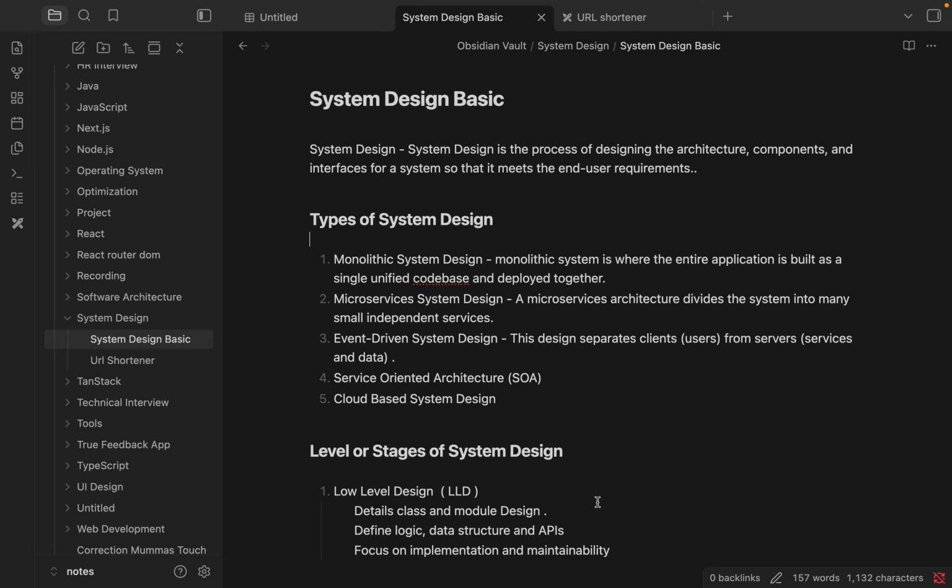In microservice architecture, the system is divided into many independent services. The work is divided into parts, such as the payment system, and each takes a server.